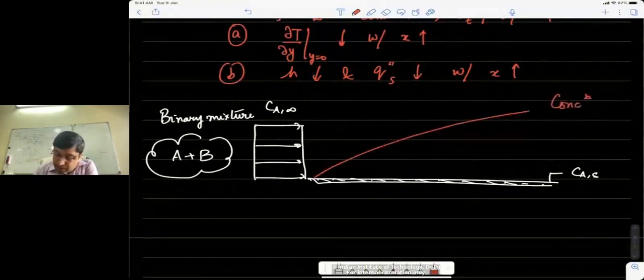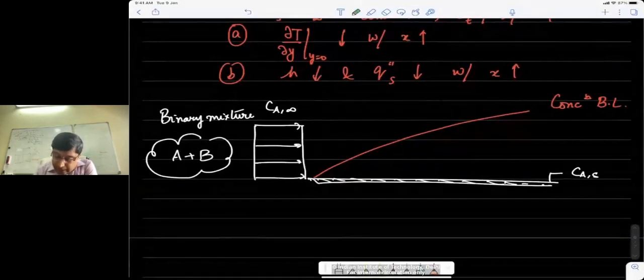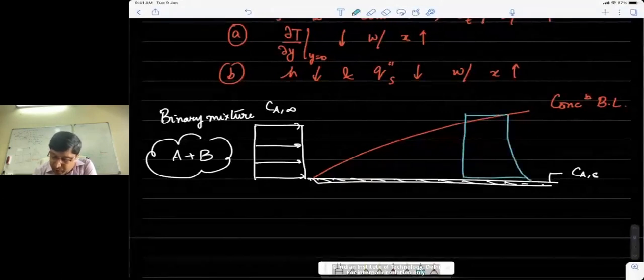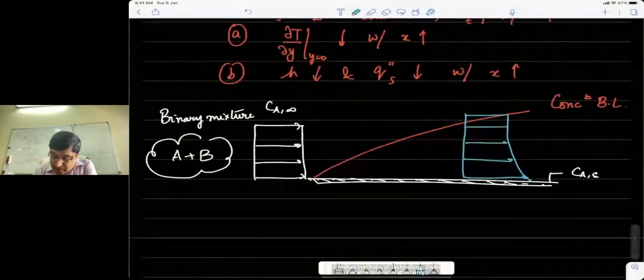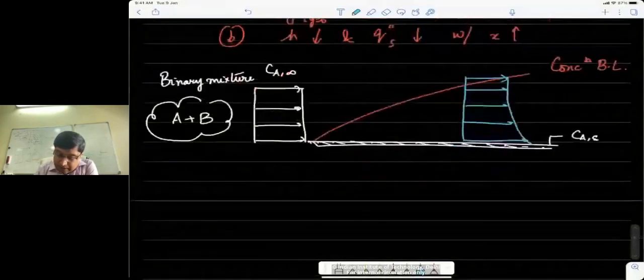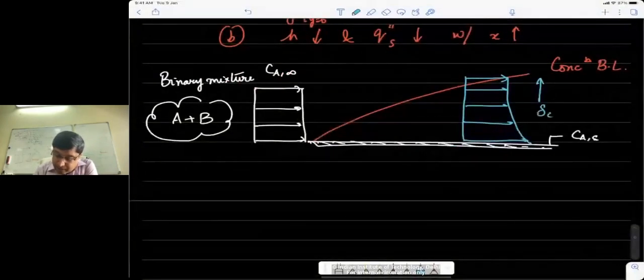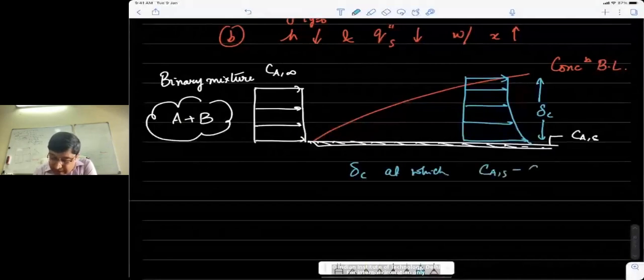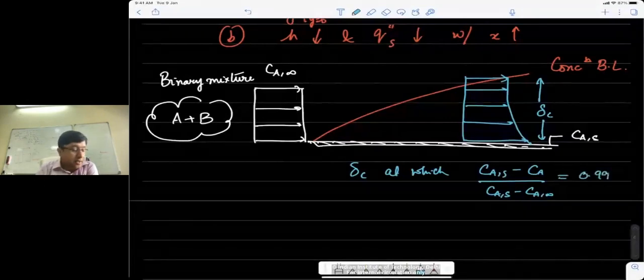We will define the thickness of the concentration boundary layer, as we've been doing, very similar to temperature, as delta subscript C. So delta C will be that thickness at which (CAS minus CA) by (CAS minus CA infinity) becomes 0.99.